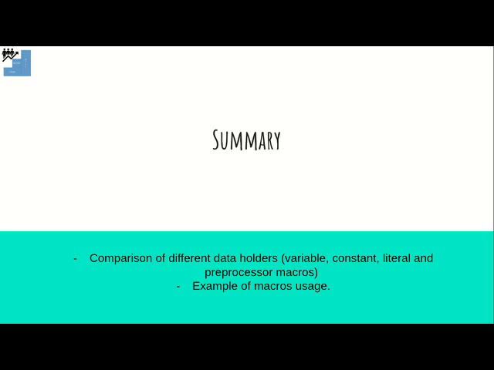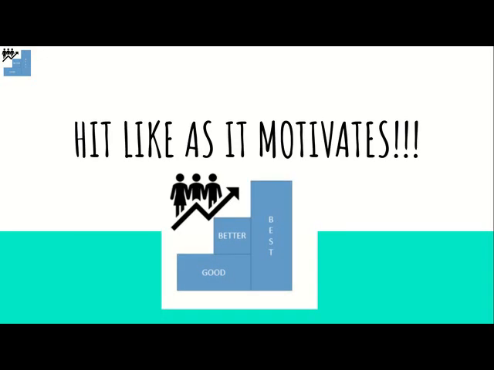So they result in replacement in the source code, and then that replaced source code goes for further compilation. And then we looked into the example of macros usage. So that's it for today.